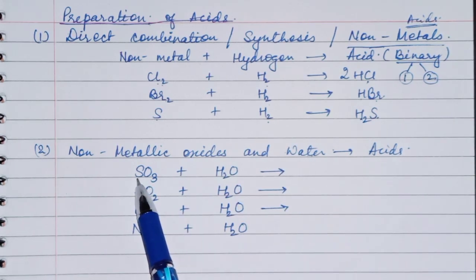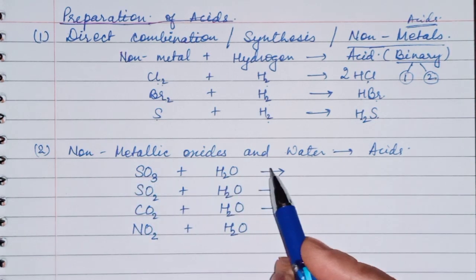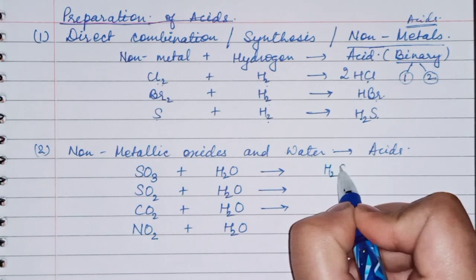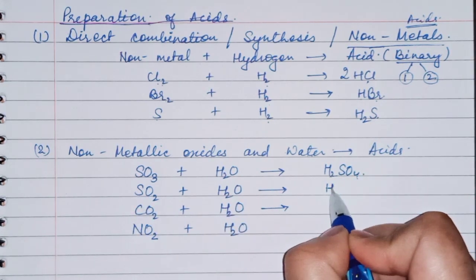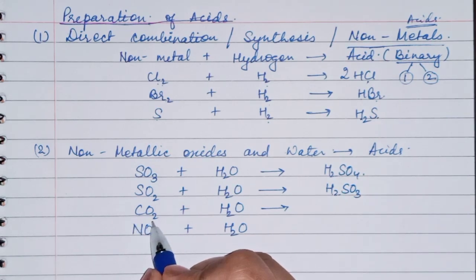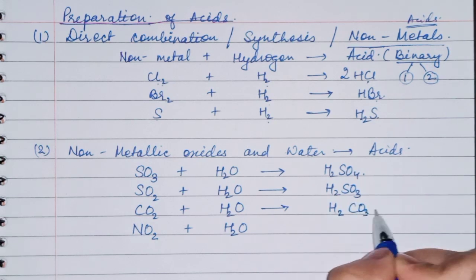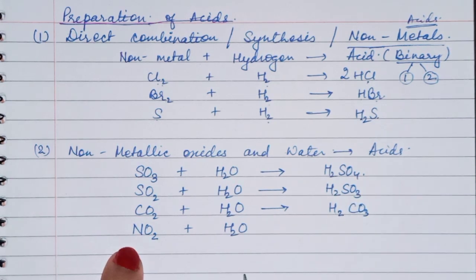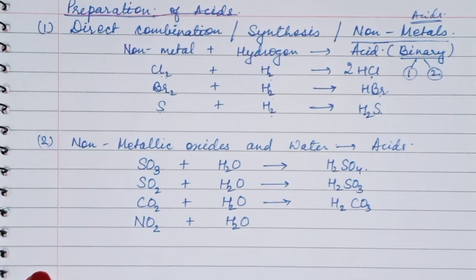SO3, see sulfur is non-metal, its oxide is non-metallic oxide, and with water it will give H2SO4. SO2 with water will give H2SO3, sulfurous acid. CO2 and water will give H2CO3, carbonic acid.